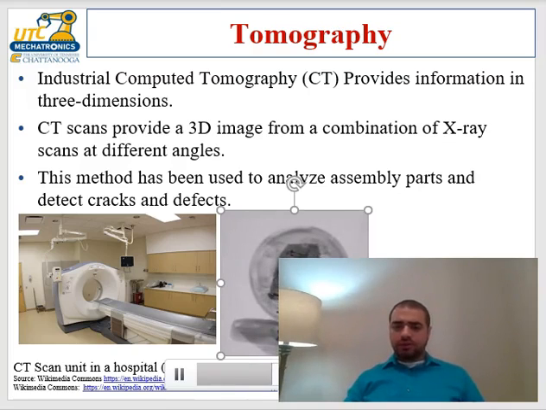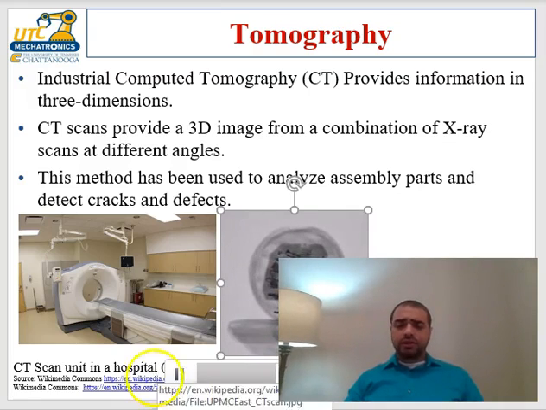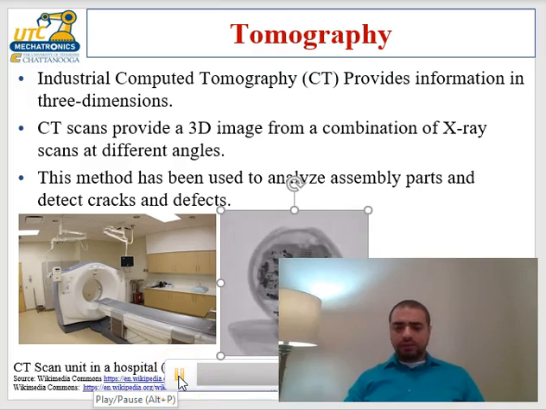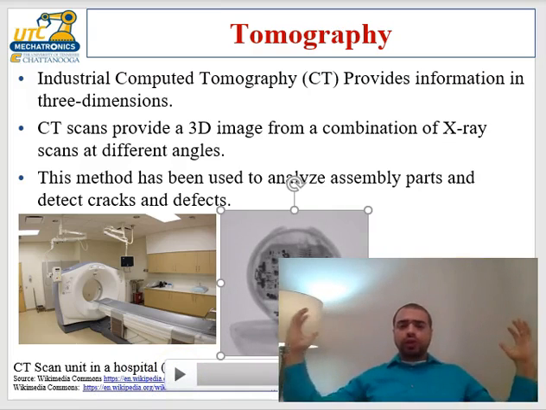Tomography again stands for a technique in which hundreds of images are taken from multiple angles to construct a 3D model, a 3D image.